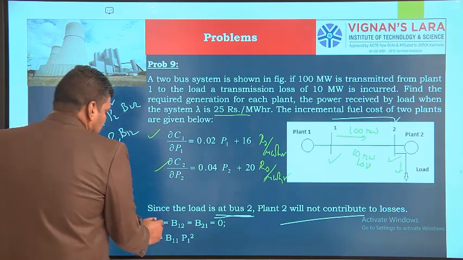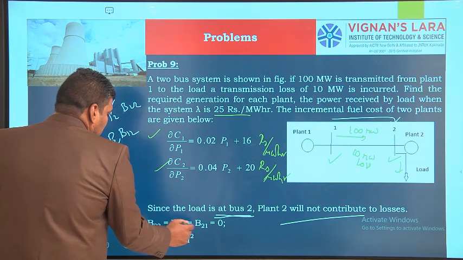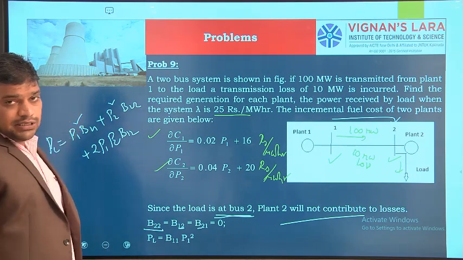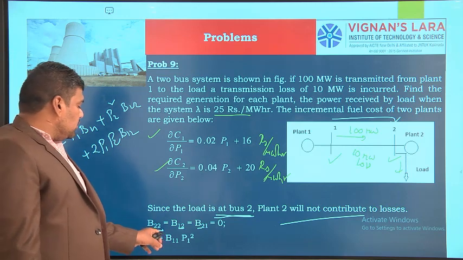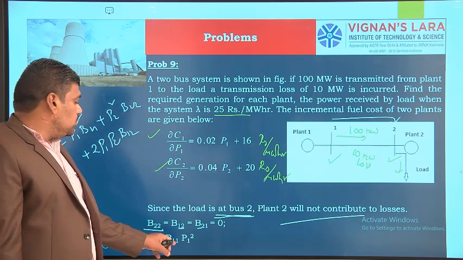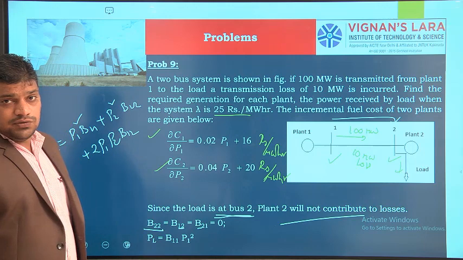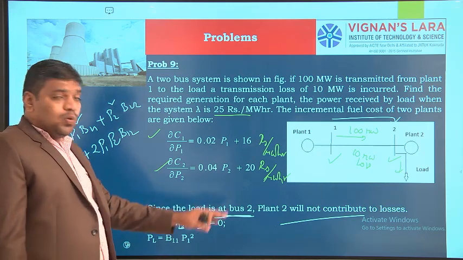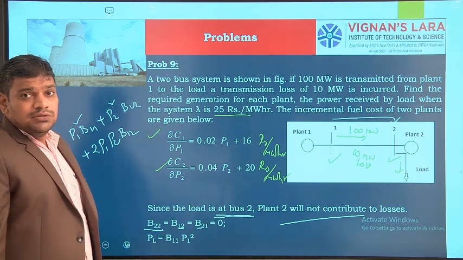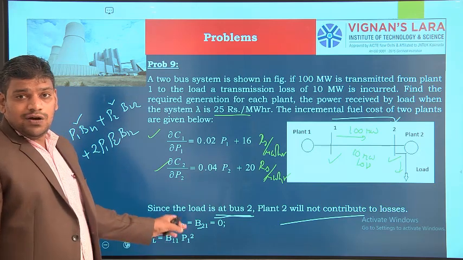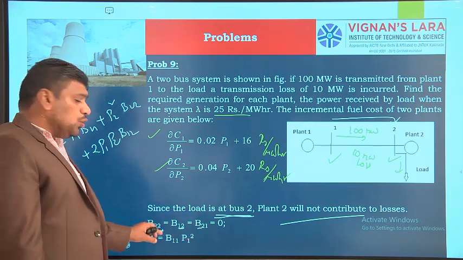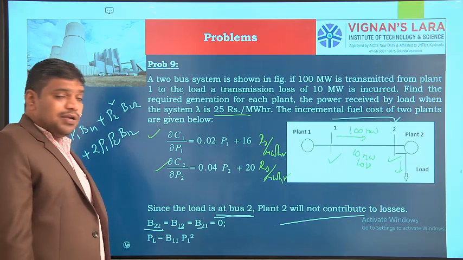Therefore, the loss coefficient terms related to plant 2, B22, B12 and B21, will be 0.